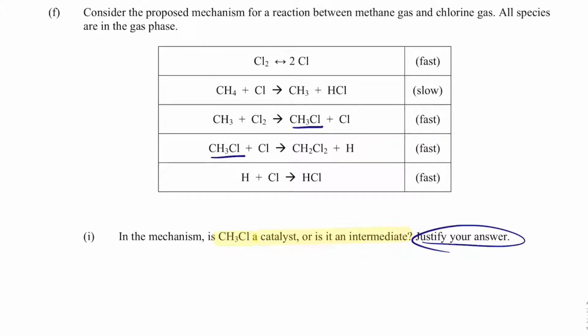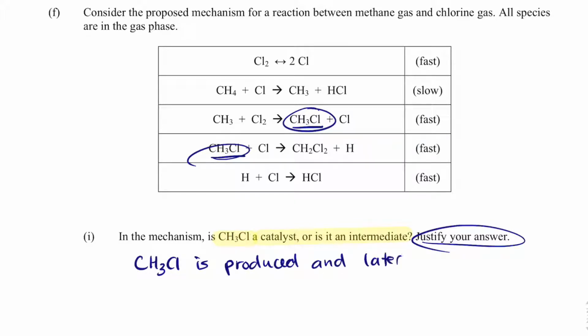And it looks like I produce it and then consume it. So CH3Cl is produced and later consumed. Thus, that makes it an intermediate.